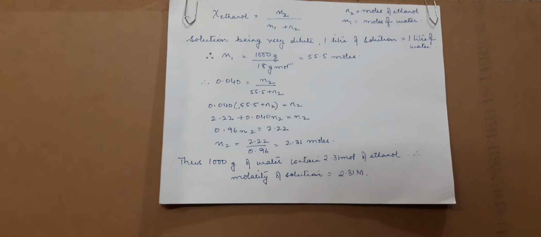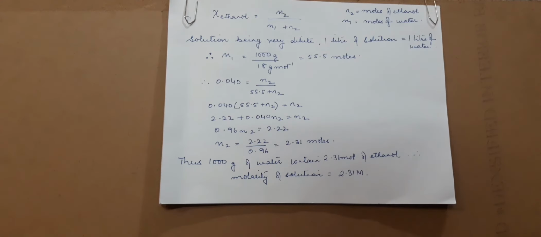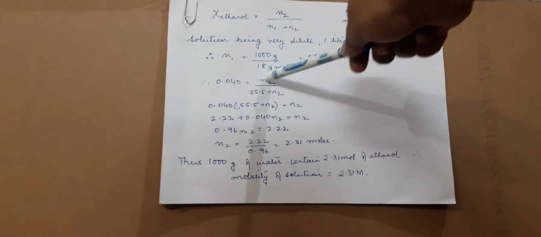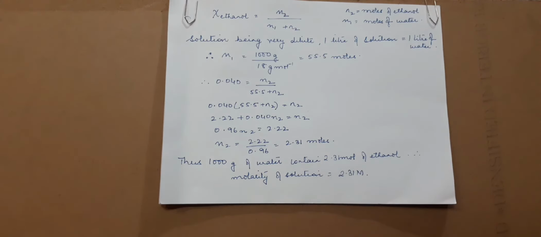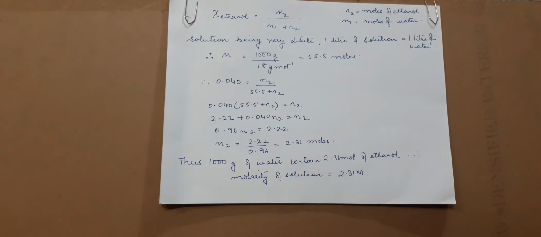In that 1000 grams of water, 18 grams is your molecular mass. So what would be the number of moles? Number of moles would be 1000 by 18. That will come out to be 55.5 moles. Okay, now 55.5 moles is water, N1.